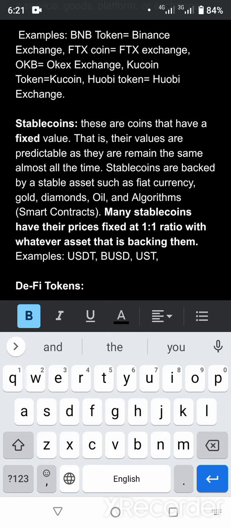So DeFi tokens, like I said, are the tokens of decentralized finance or DApps. Let me explain DeFi.